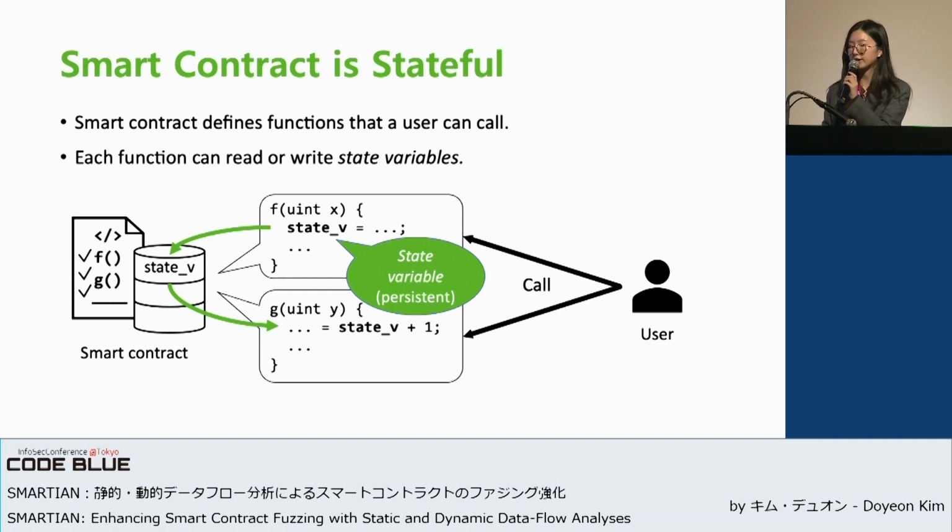Such state variables are useful for holding the data of the contract. For example, let's assume there is a smart contract that runs a bank. This bank contract can store the balance of each customer in a state variable, and the customers deposit or withdraw their money by calling the contract's functions.